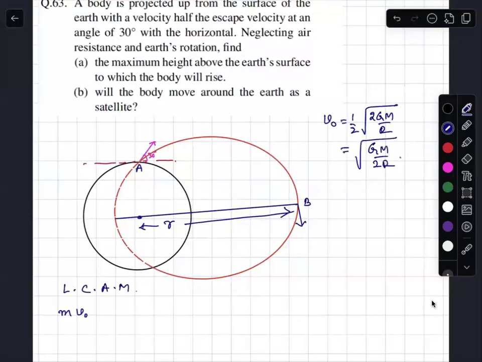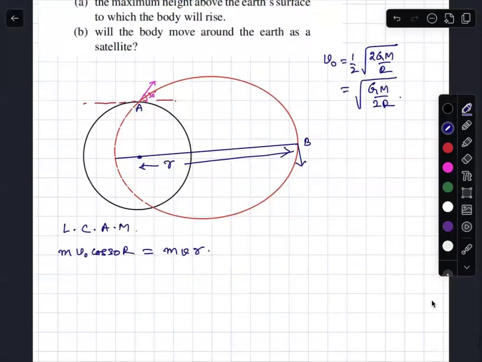So therefore, V naught times cos 30 into R is m v R. Yes or no? So therefore, from this, V naught is root 3 GM by 8R, times R is equal to v R.